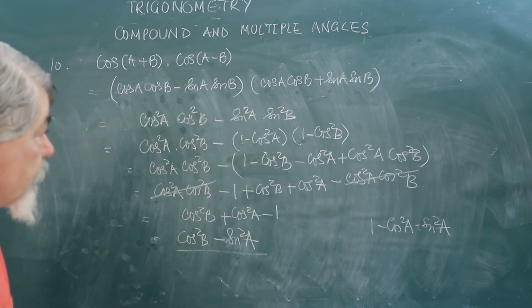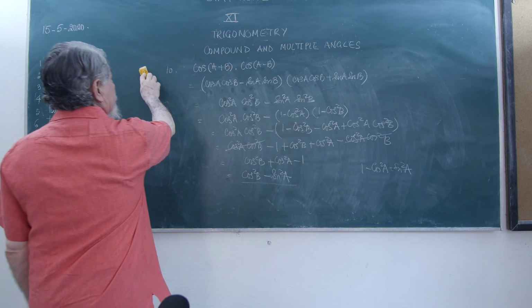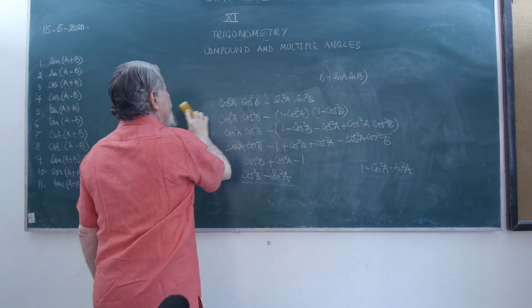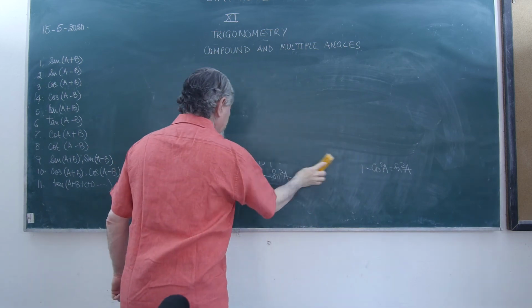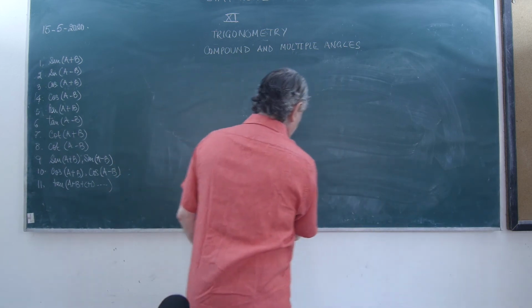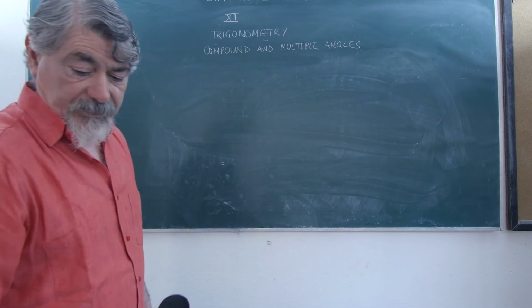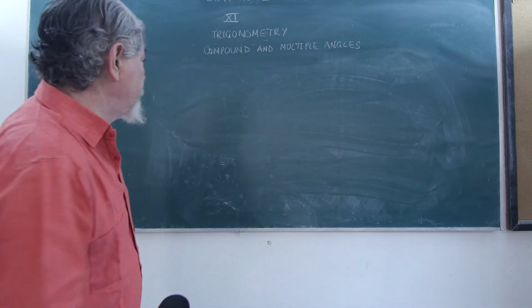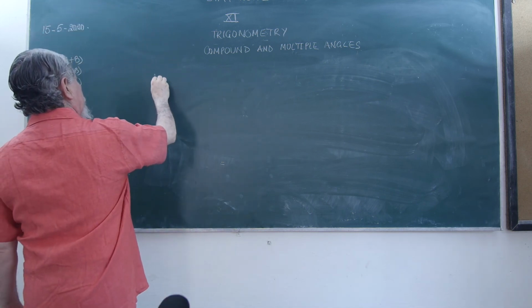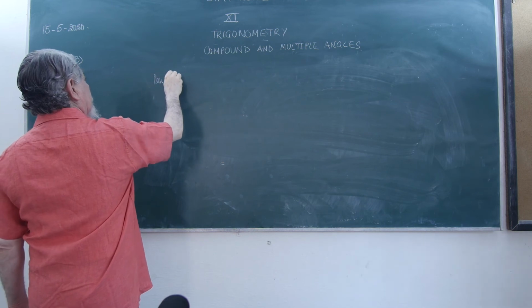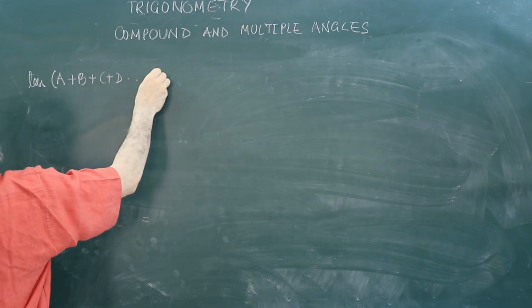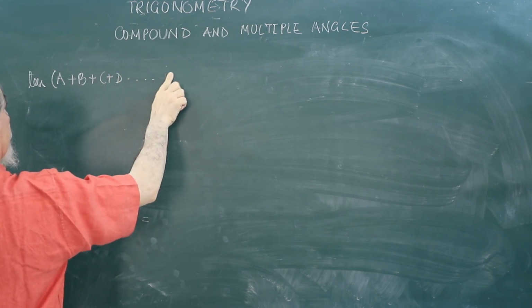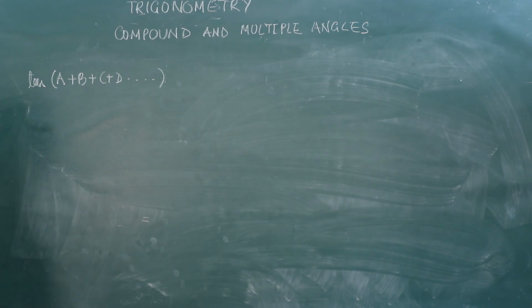Now, the last formula in this series. We have already discussed tan(A plus B). Tan(A plus B plus C) can be there also, and there is a general formula which will tell you about tan(A plus B plus C plus D), and it can go on to any number of angles. So we will discuss a general formula.